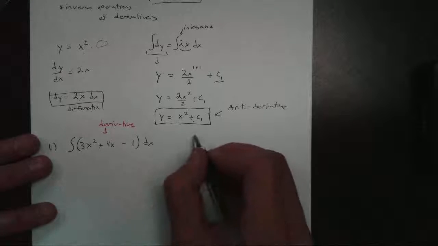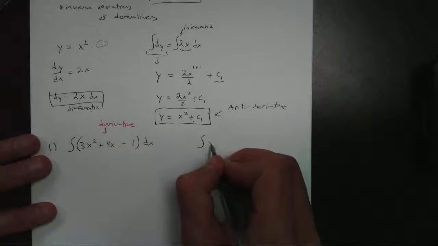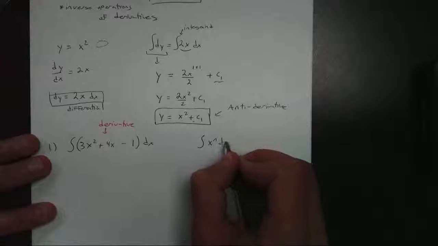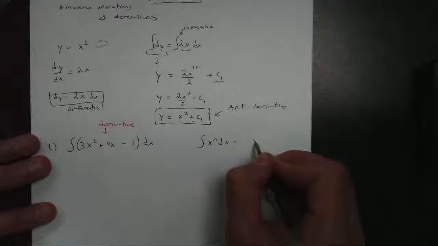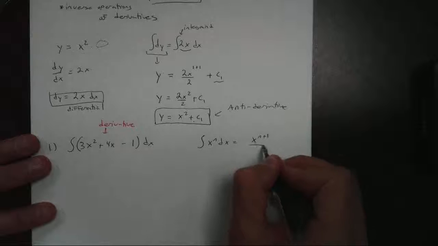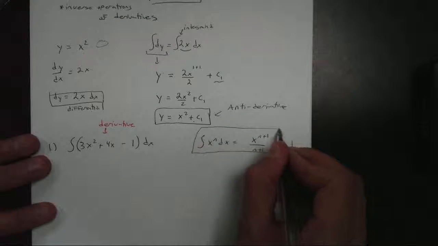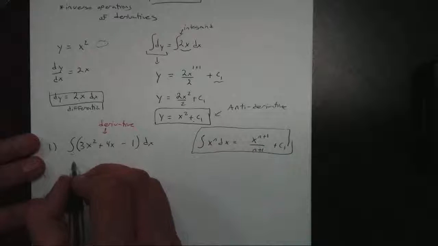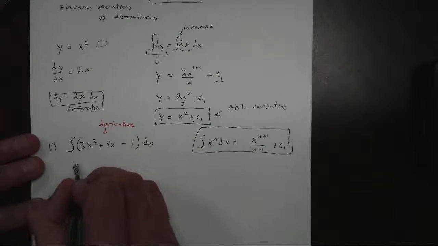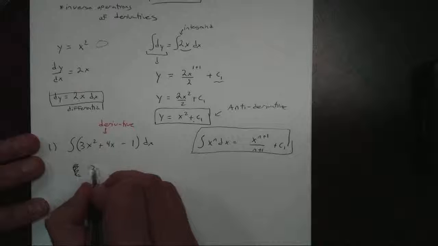So I'm going to use my power rule for antiderivatives, and it's basically this. x to the n dx becomes x to the n plus 1 over n plus 1, plus our constant. That's our rule we're using here. If I do so, I'm going to take this 3x squared.